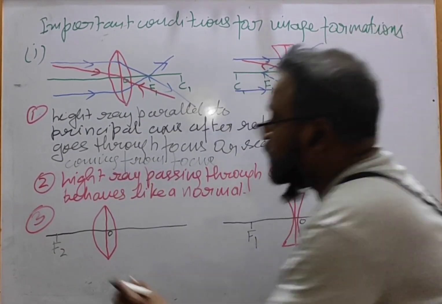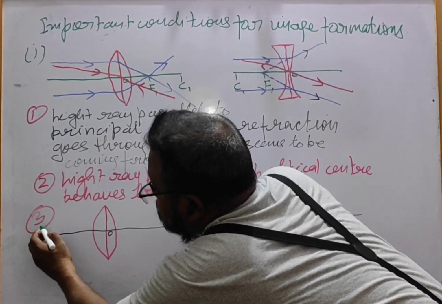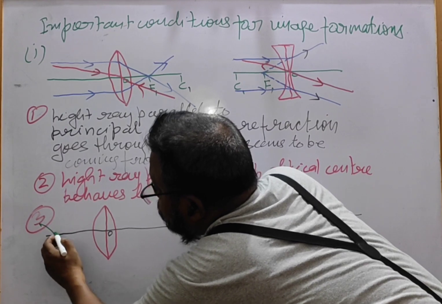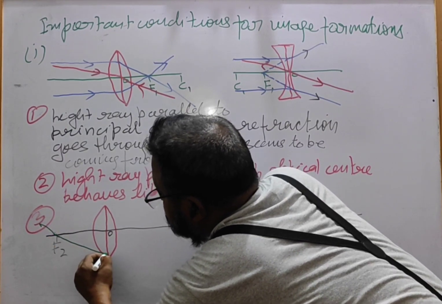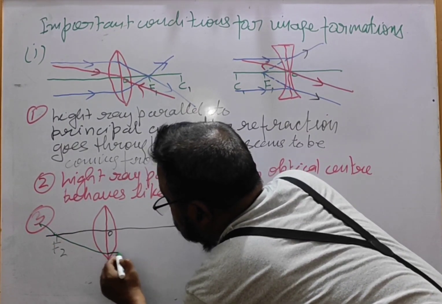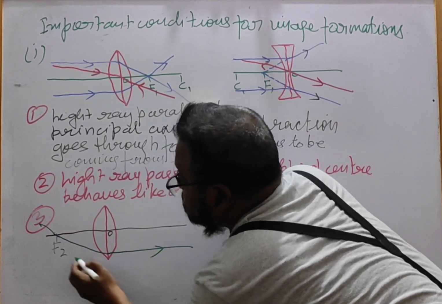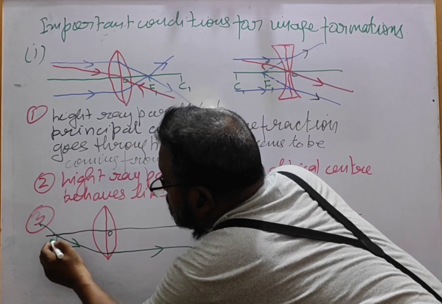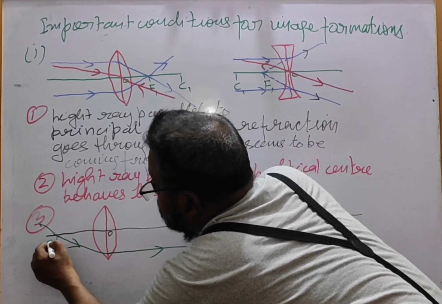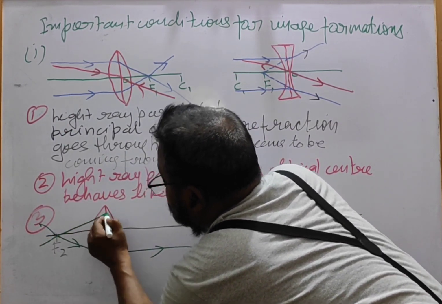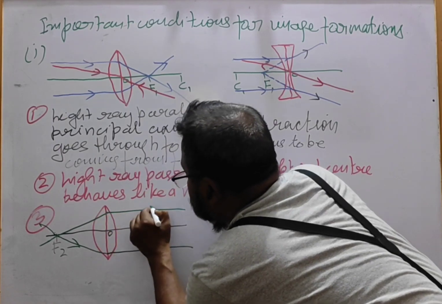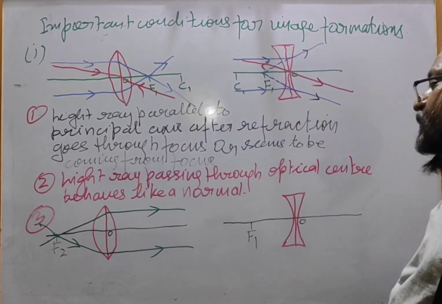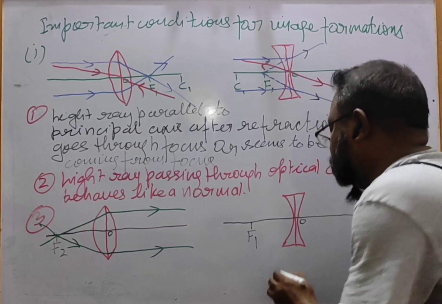Light ray from focus after refraction goes parallel to the principal axis, right?